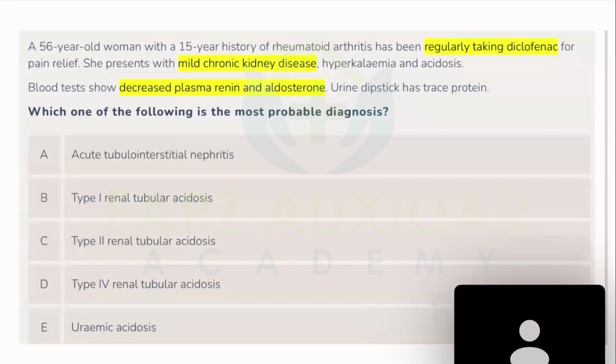Anyway, moving on. Just go through that question and we shall discuss once again. I don't think we have discussed renal tubular acidosis in the last 2 classes. We shall discuss at least the salient features today, right after this question. I will give you a couple of minutes for this question.